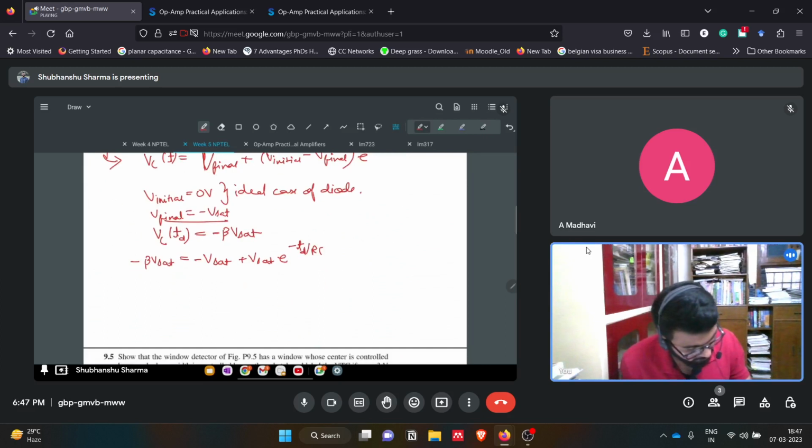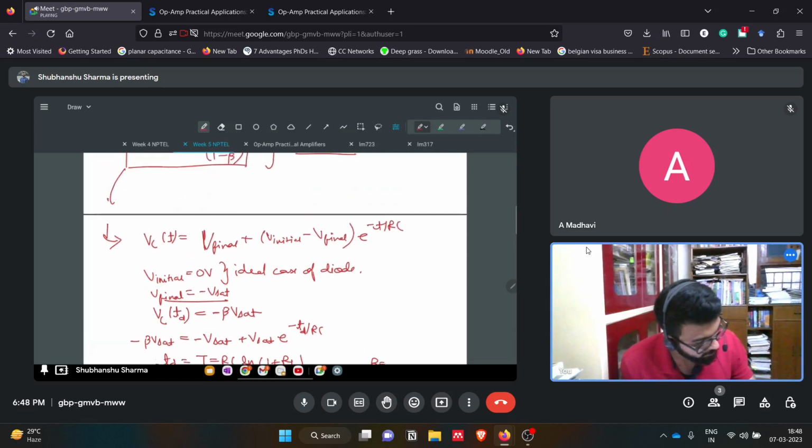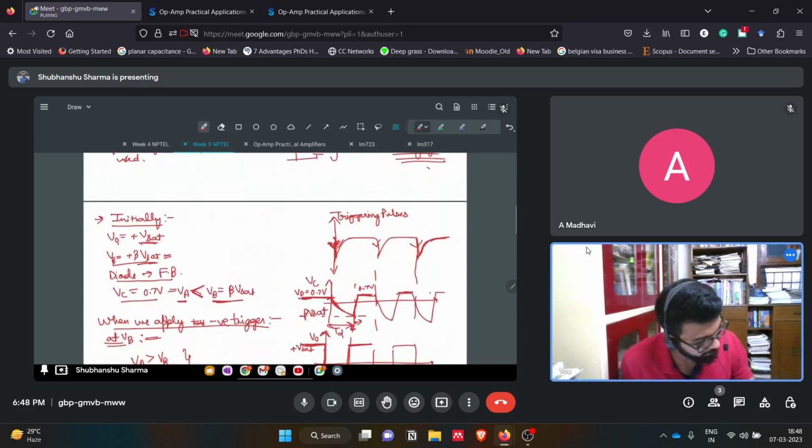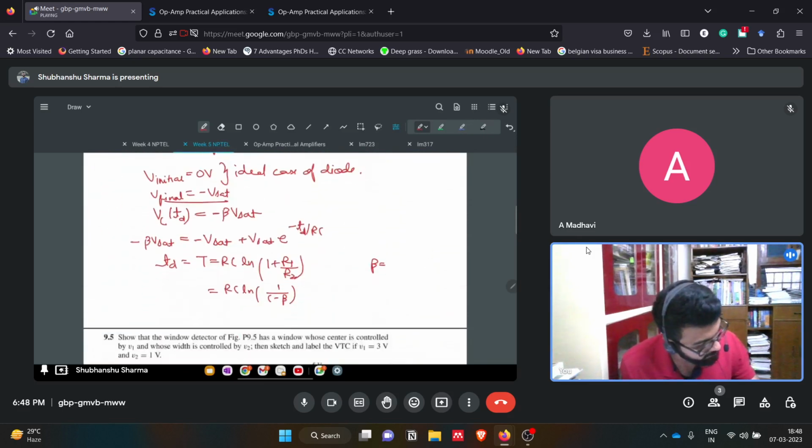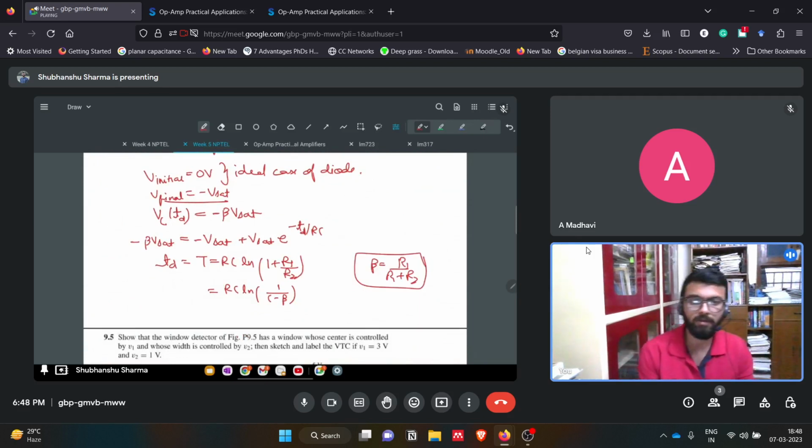So we will solve this, we'll get TD equals RC ln (1 plus R1 by R2), or we can say RC ln 1 upon (1 minus beta). Here beta is R1 upon R1 plus R2. This is the beta value.